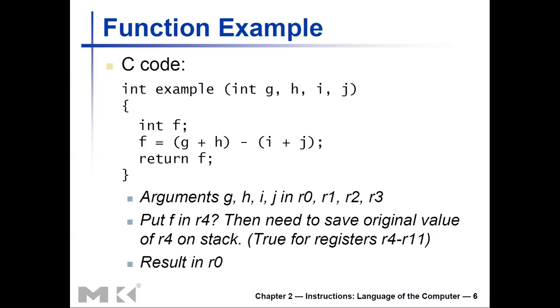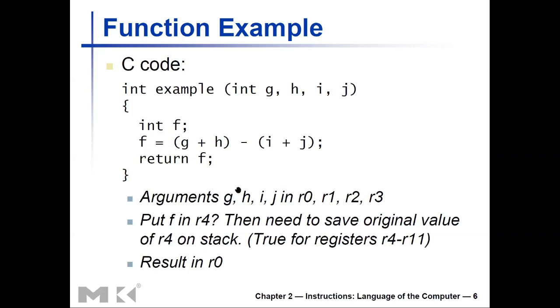Got the idea? So for R4, we store the value in R4 in the memory, and now we can use the R4 register for anything you need inside the function. You use R4 as an intermediate variable.